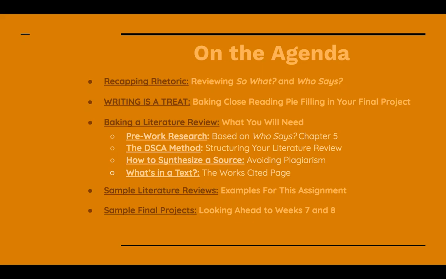Then we'll talk briefly about what's in a text, the works cited page, since you will need one for your literature review. And then finally, I've provided some sample literature reviews to help give you some examples for this assignment, as well as sample final projects to help you look ahead to week 7 and 8 if you're interested in seeing some ways that students in the past who've taken this class with me have navigated the process of developing a final project, particularly when they did a creative option instead of a traditional research paper.